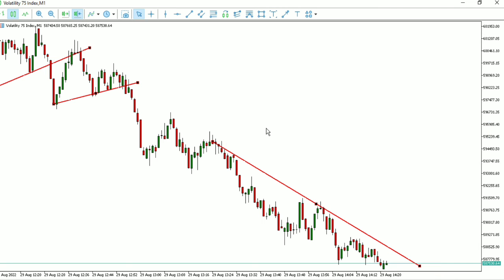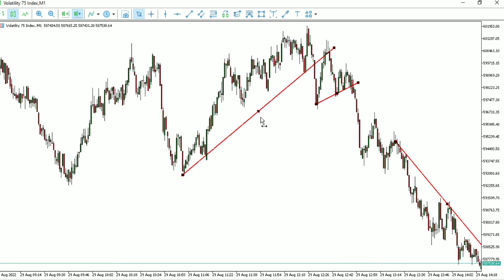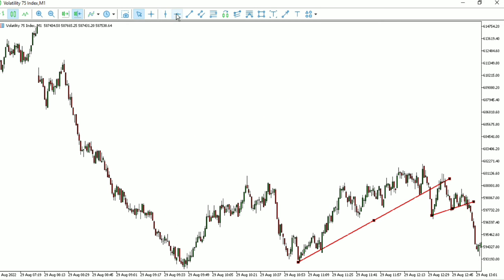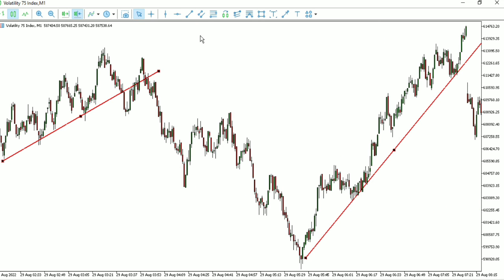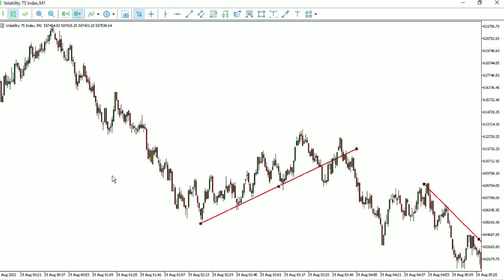So this is what is called the trend line break strategy, right? When you are trading this, number one, make sure you are connecting recent lower highs or higher lows, right? You can see there's a lot of examples that I can show you. This strategy will always give you trades.